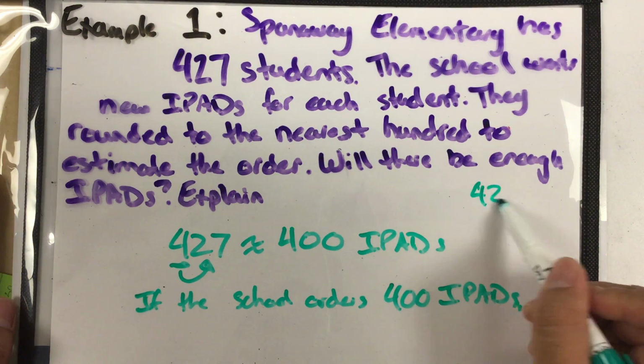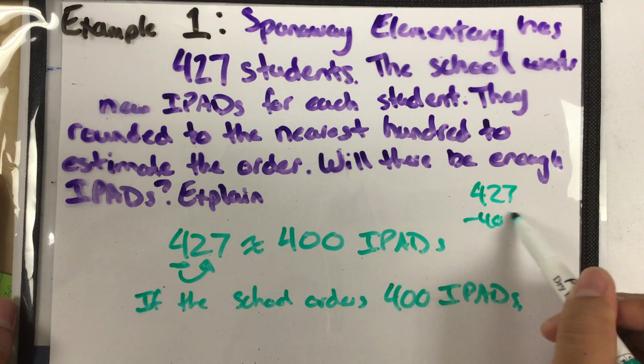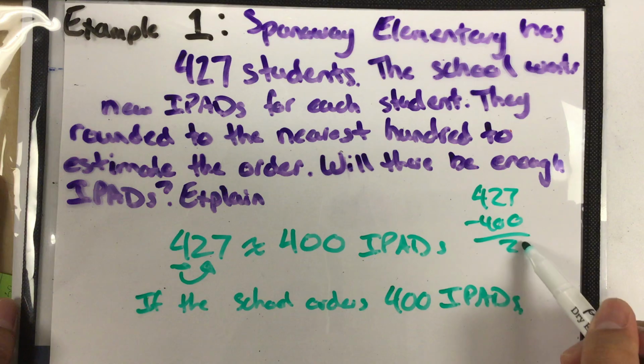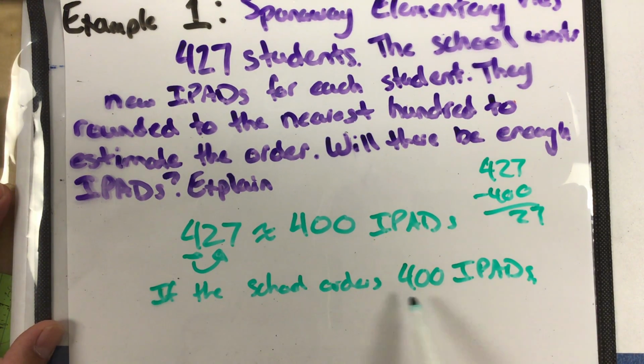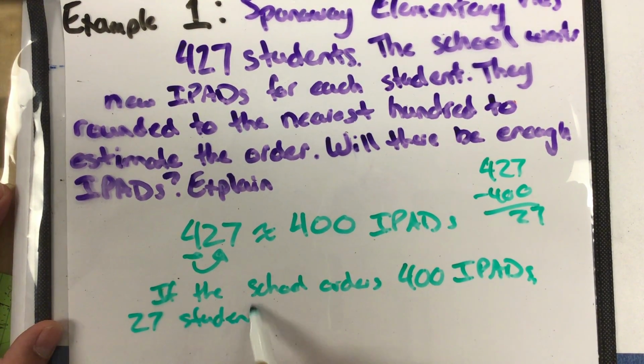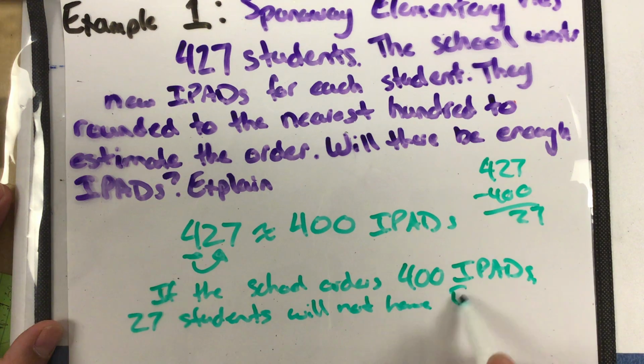We're going to do 427 minus 400. There'll be 27 students without iPads. So if the school orders 400 iPads, 27 students will not have iPads.